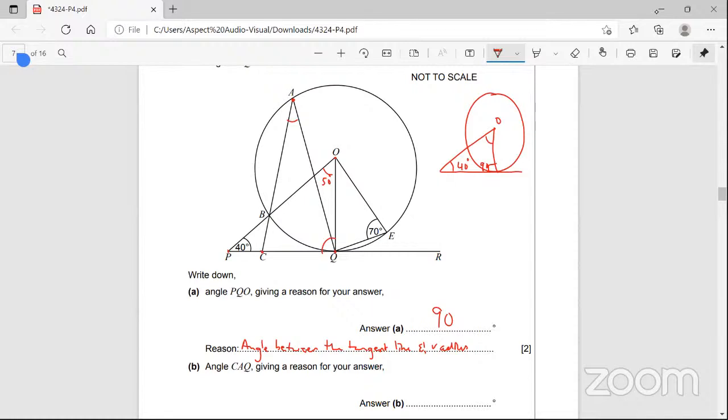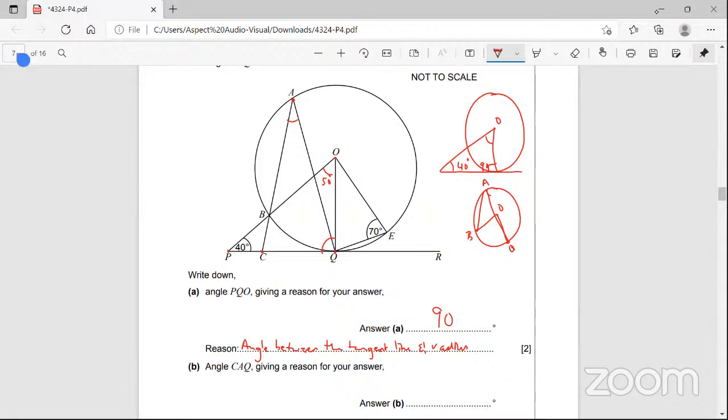Okay, and then another property that I know, I have my circle, I have the point B, and then I have the point Q. Can you all see that? The same B and Q that's meeting in the center O is the same B and Q that's meeting at the circumference A. Can you see that?